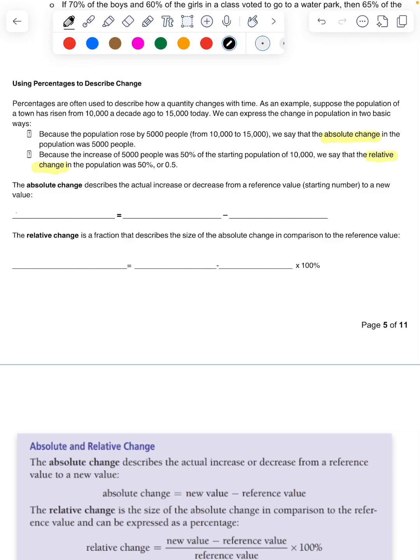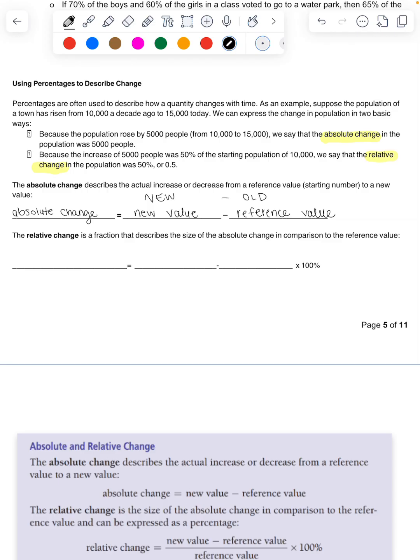So our absolute change is going to equal the new value minus the reference value. Some people remember this easier as just new minus old.